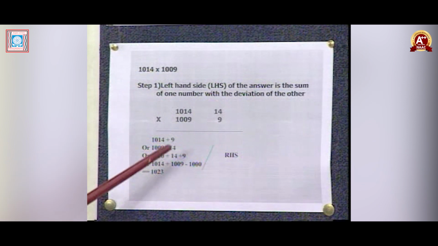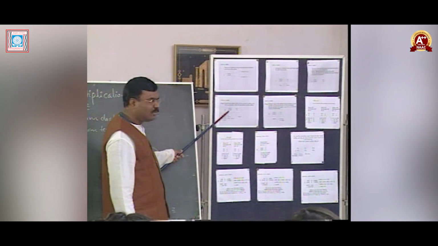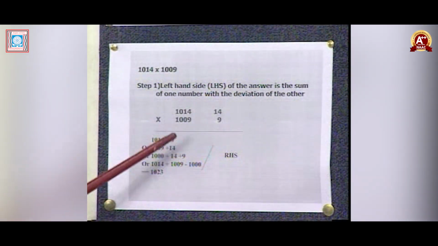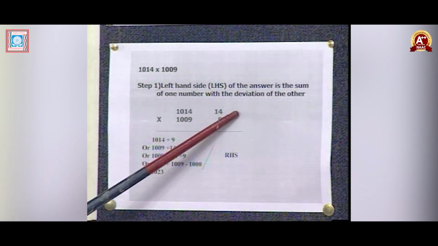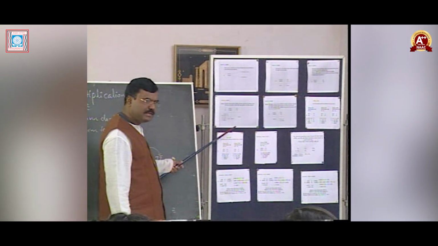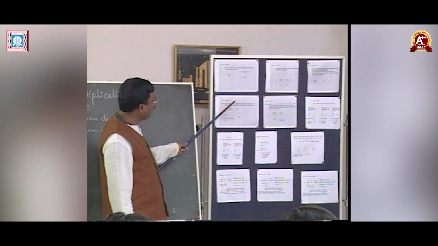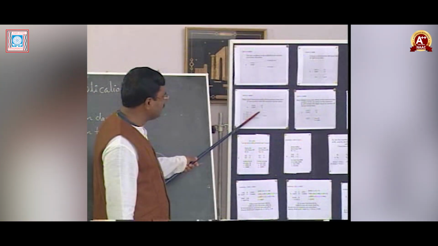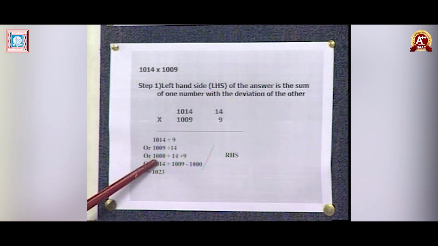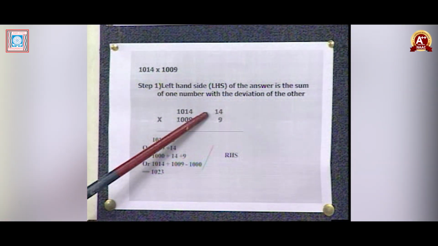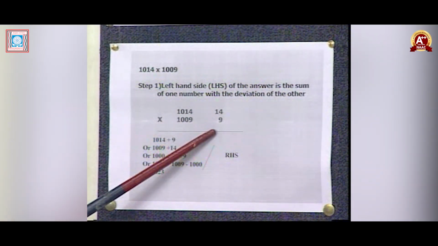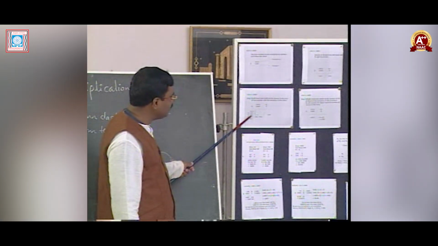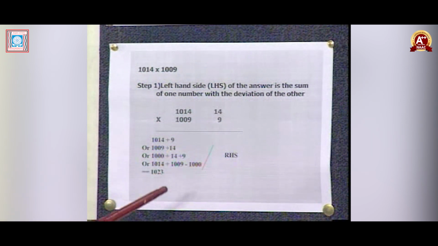Or otherwise, if you select 1009, 1009 plus 14 gives 1023. If you want only the base and the two deviations, then also you will get the same thing: 1000 plus 14 plus 9. These two deviations make 23, plus 1000, you will get 1023.